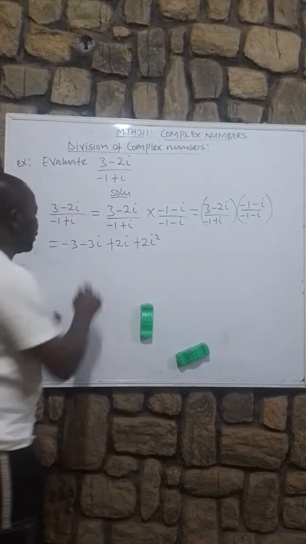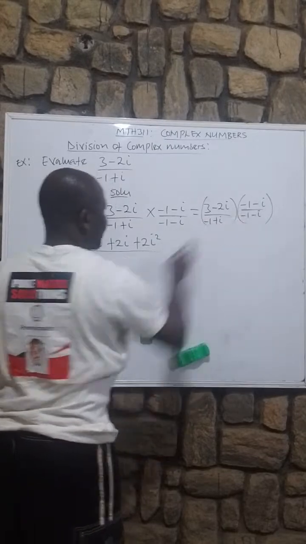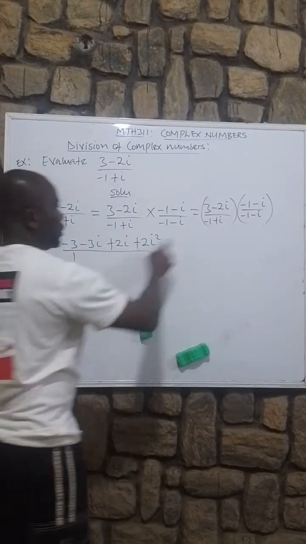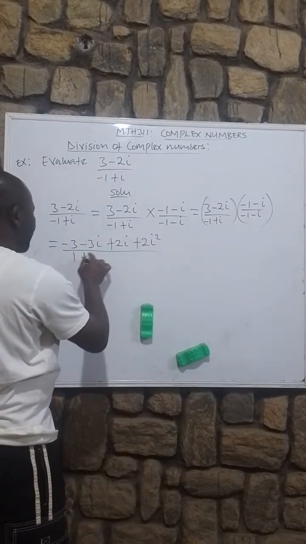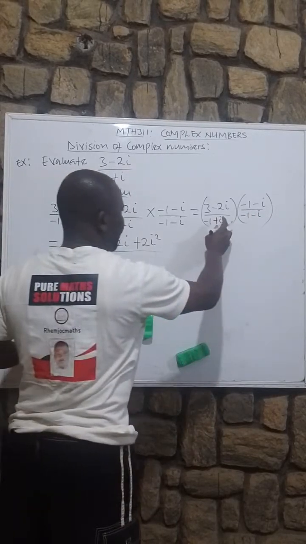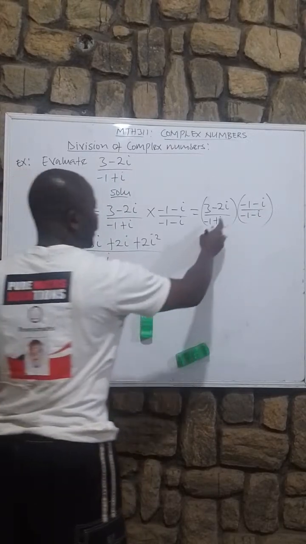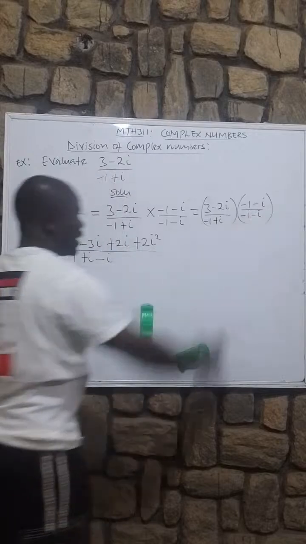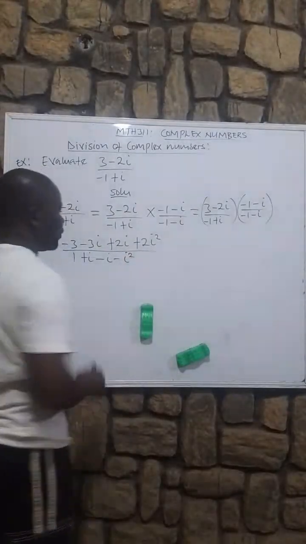True or false? That is the numerator, all over minus 1 times minus 1 plus 1, minus 1 times minus i plus i, then plus i times minus 1 minus i, then plus i times minus i is minus i squared.